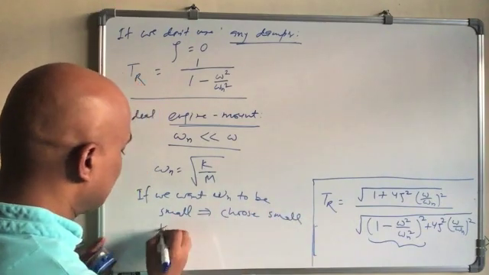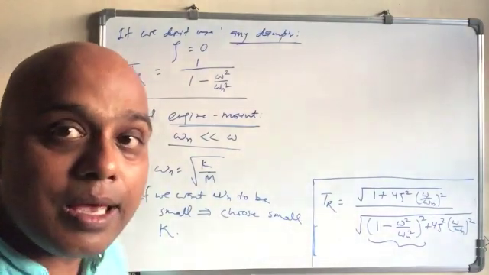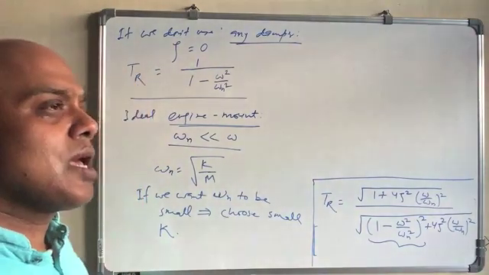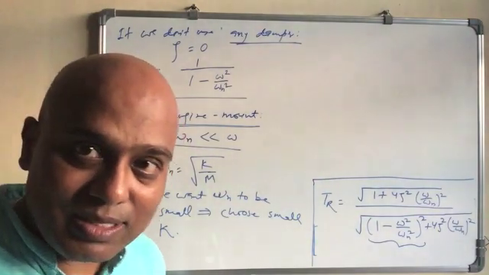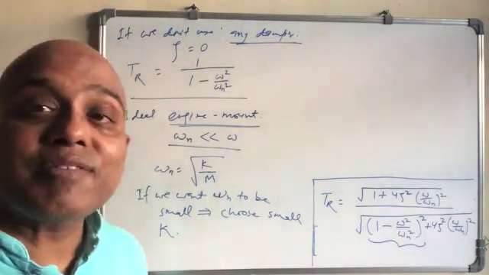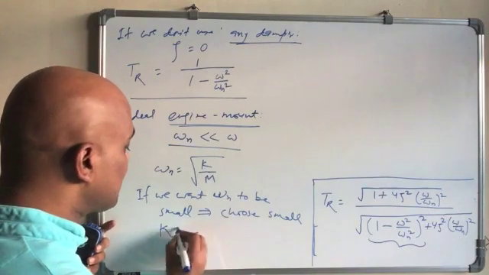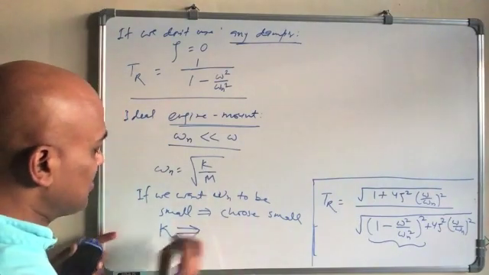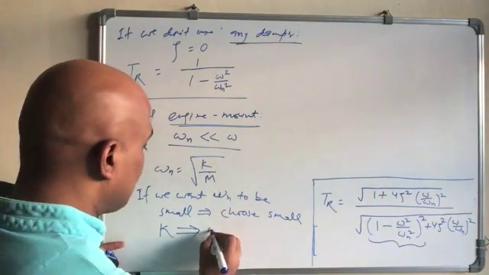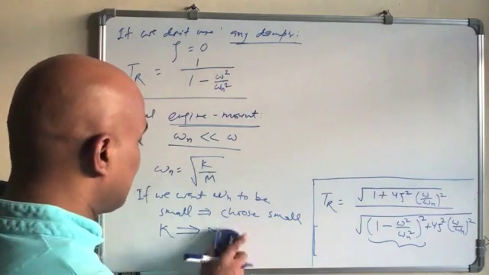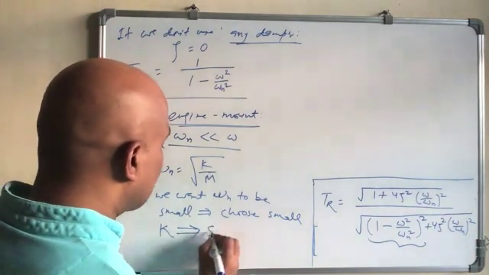A small k. Okay. A small k means what? Less stiffness, and hence we use some soft material, choose a small k, or that means soft material basically.